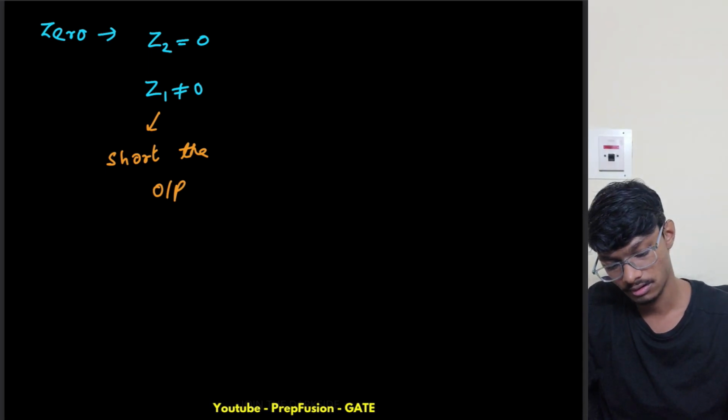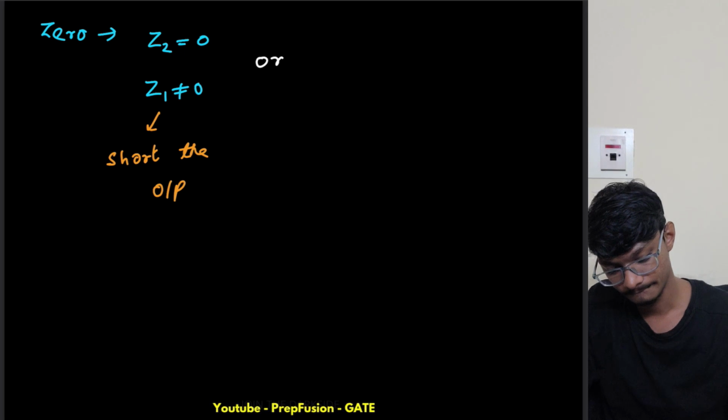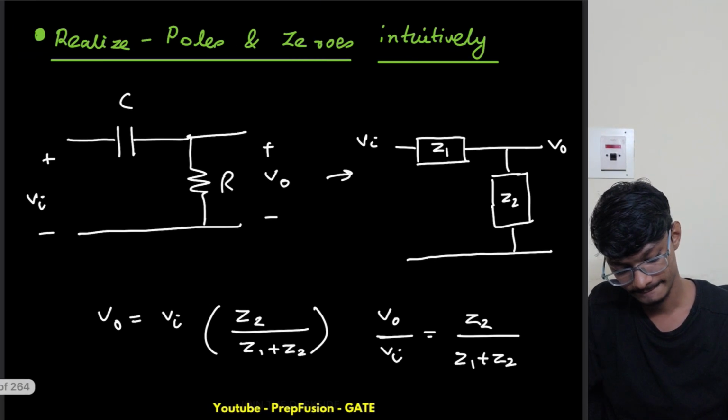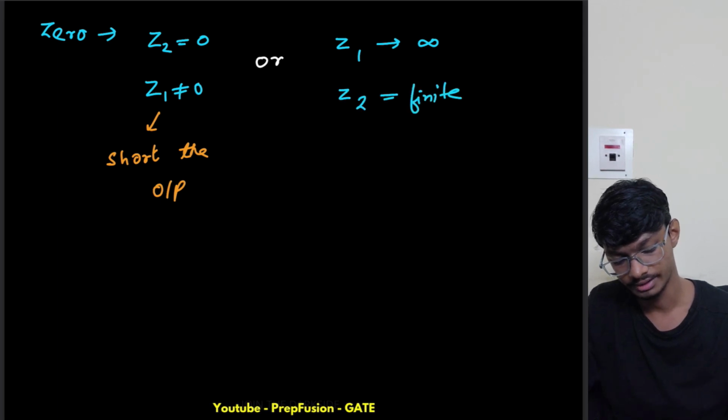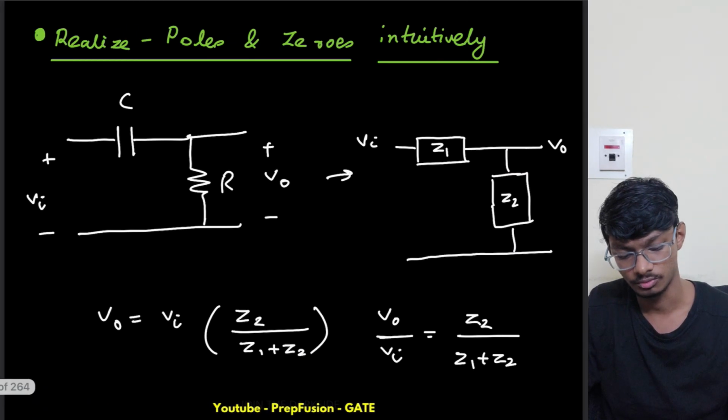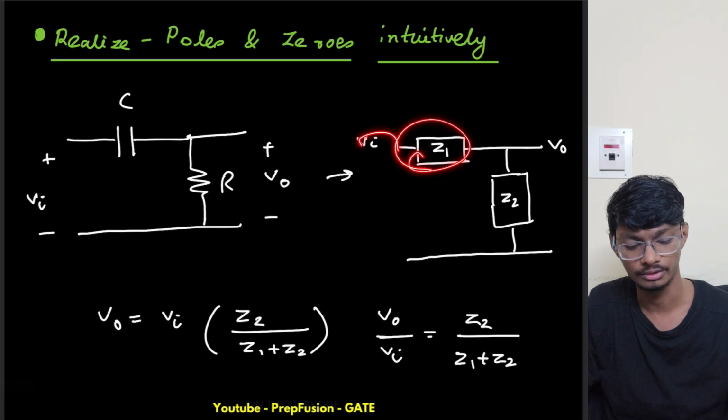Or Z1 tending to infinity, and Z2 is finite. This is break the link between input and output, because this is getting infinity, so the input and output are unlinked.